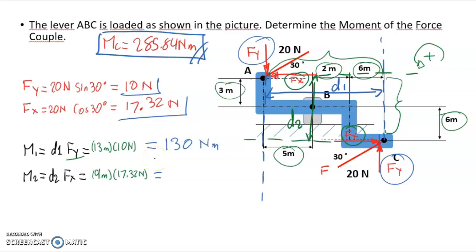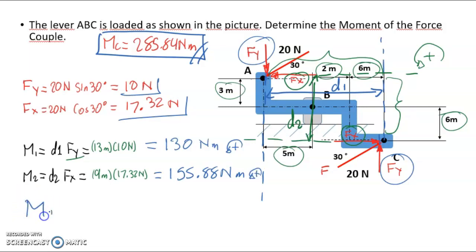For the moment 2, we will have 9 times 17.32, which is going to be 155.88 newton meters. Both positive, making a turn counterclockwise.